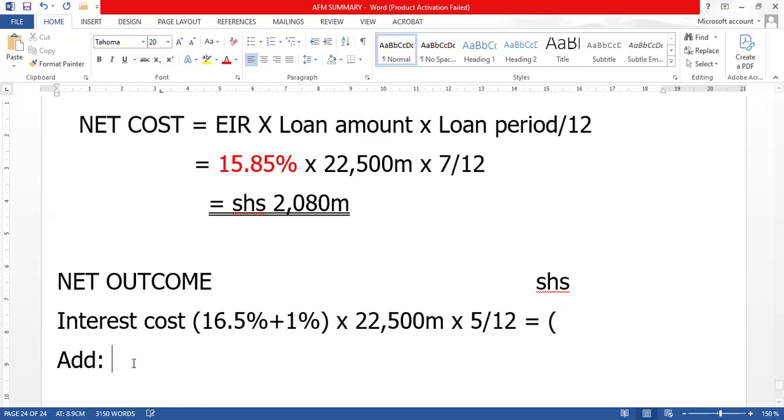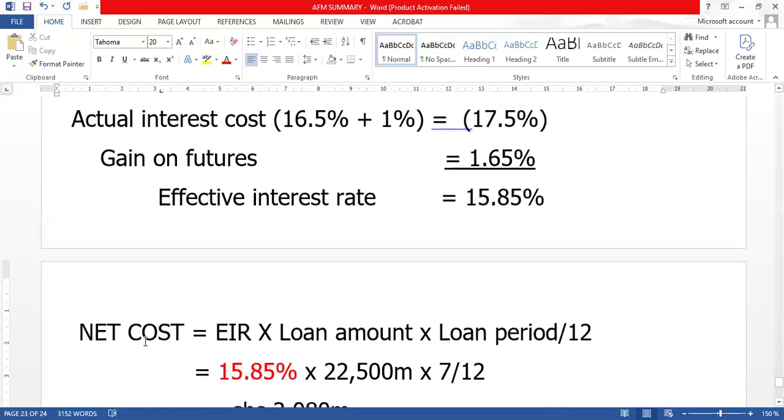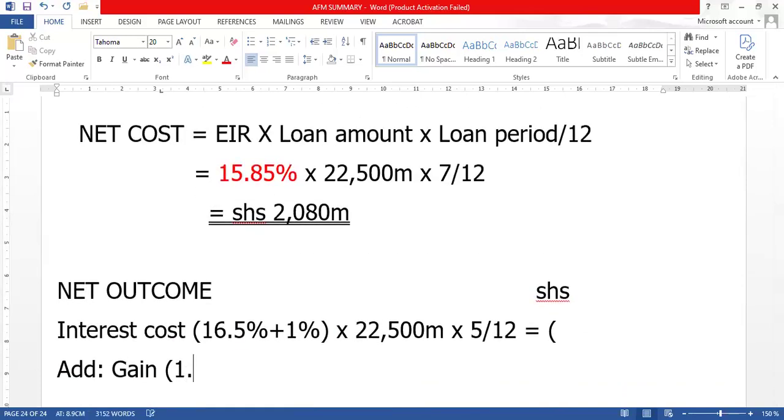Then you add the gain on futures in terms of amount. What was our gain on futures? 1.65%, and then times the contract size. What was our contract size? 175 million. Then times what was the futures term? 3 out of 12.